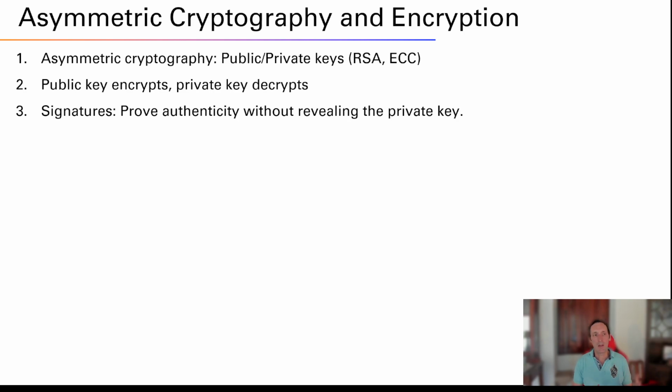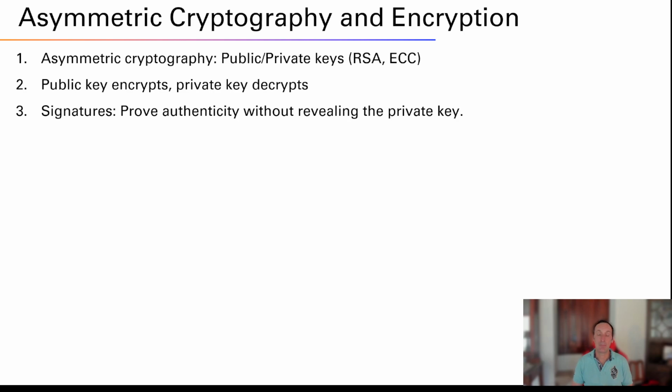So in cryptography, there is asymmetric cryptography and symmetric cryptography. We're not going to talk much about symmetric cryptography because it's basically encryption and decryption with just one key instead of two keys. But what we care about for this topic is asymmetric cryptography.